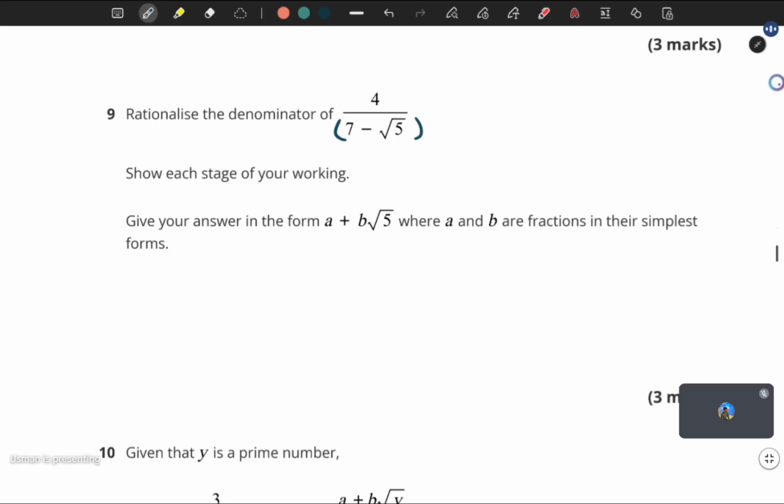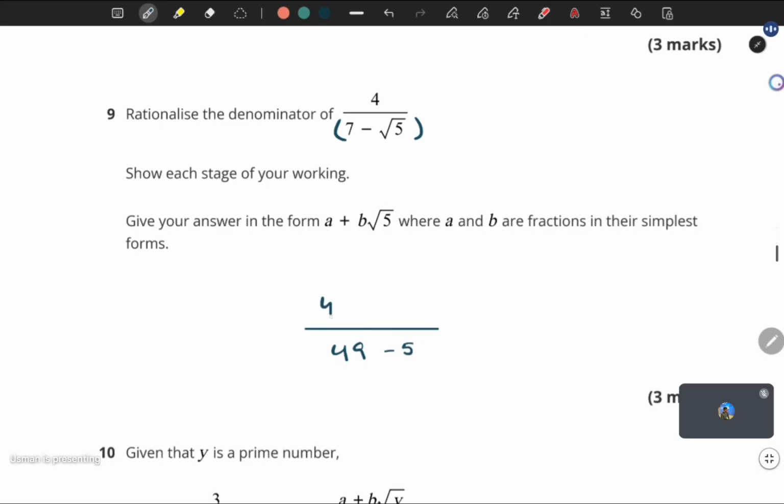So on the bottom, you'll get a minus b, a plus b, yes? So you can directly change that to a square minus b square. Yes, that's what I'm doing, but it's giving a big value. What is going to be 7 squared? 49. And minus root 5 squared.